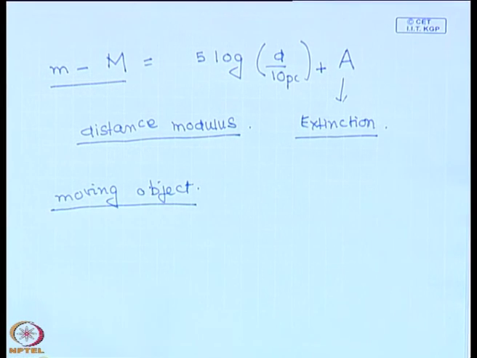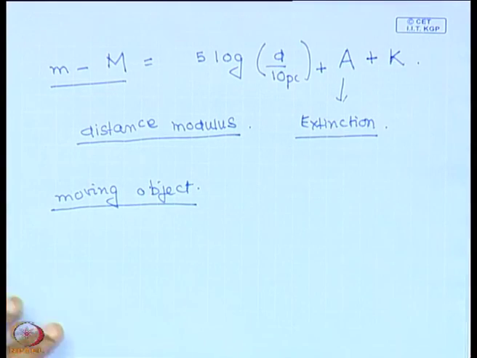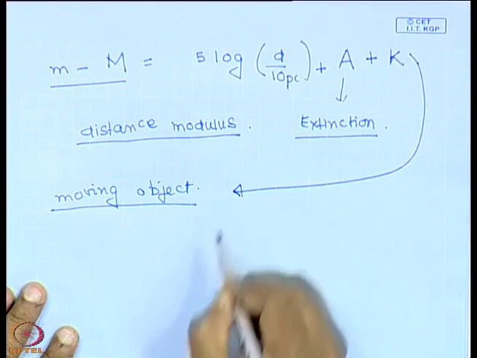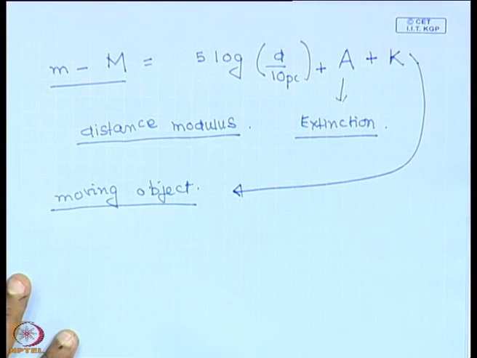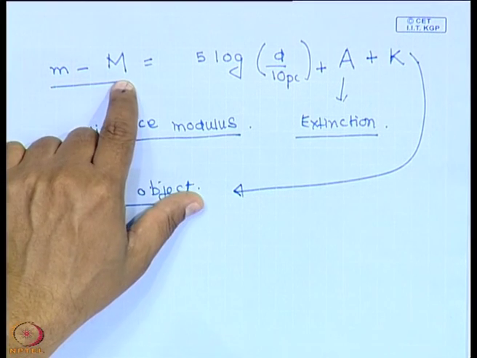Okay. So, one has to correct for this effect also, and one can in principle correct for this if you know the spectrum of the object, the spectral distribution. This is corrected by introducing something called the K correction, which takes into account the fact that when you look at a particular band, it corresponds to a different band in the rest frame of the object. This refers to the flux measured by us, the apparent magnitude.